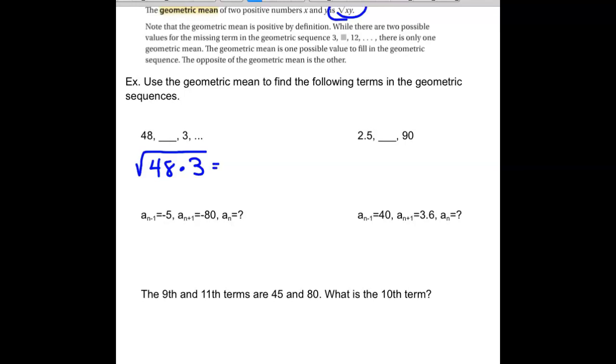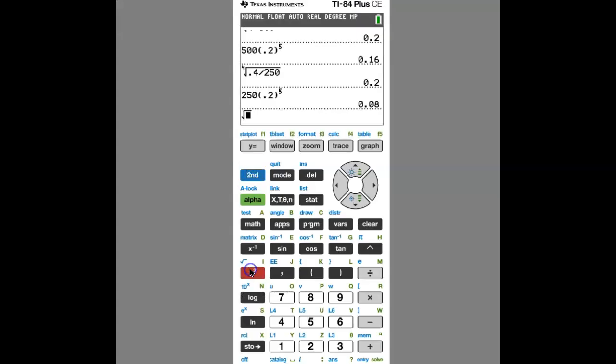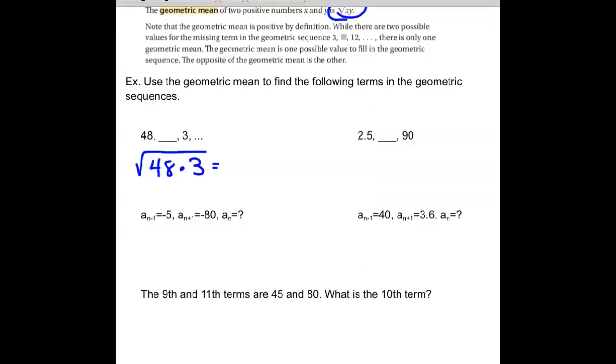So we need to take the square root of 48 times 3. And we get 12. So our missing number here would be a 12. Or it could be a negative 12. Again, our geometric mean is 12. But our answer here could be positive or negative 12, since we don't know if that next term is alternating sign or not. Okay?